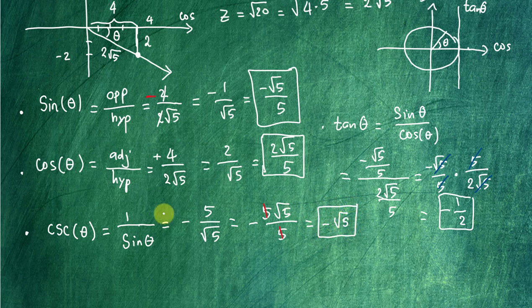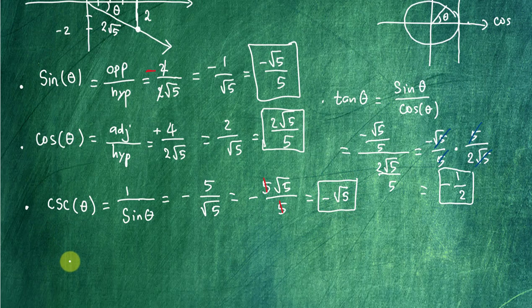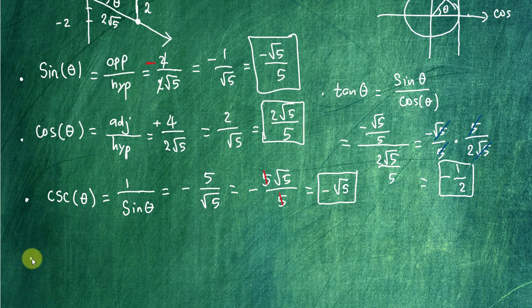So that is my cosecant, and I can find secant. Secant is also 1 over cosine, and cosine is this value, so we take the reciprocal of that.